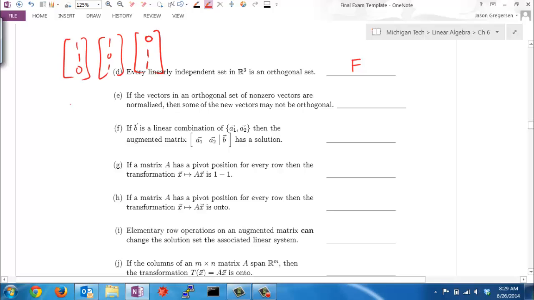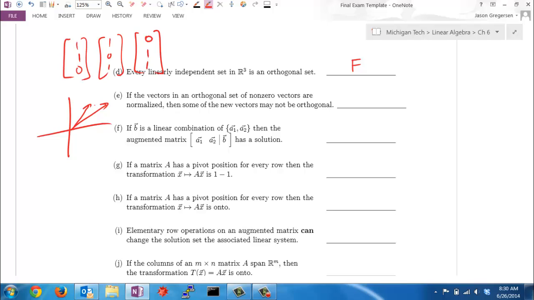In fact, maybe a better way to see that would be to look at the two-dimensional plane, R2. All right. R2. Here's a vector, here's another vector. Are those two vectors linearly independent? Sure, they're not multiples of each other. Are they orthogonal? No, they're not orthogonal.